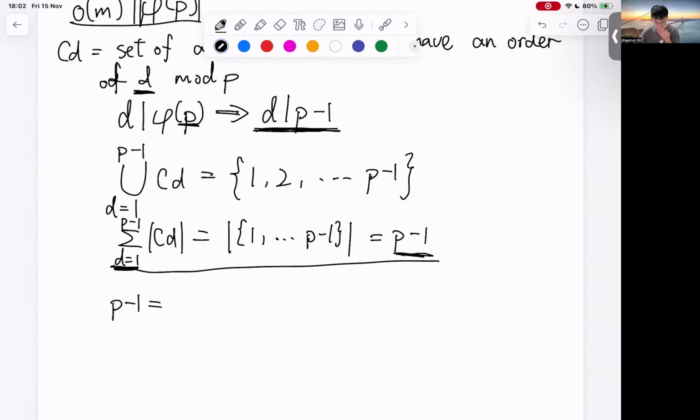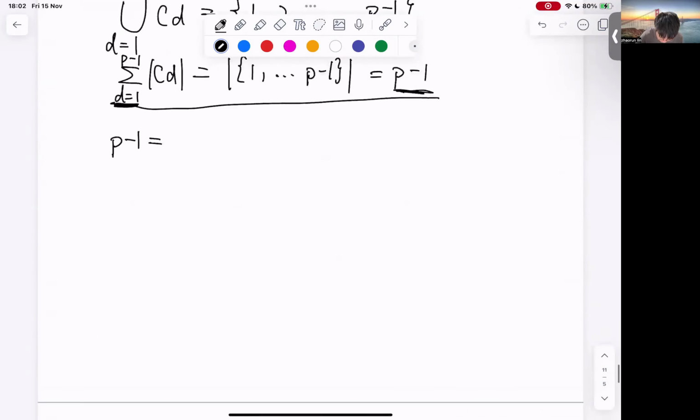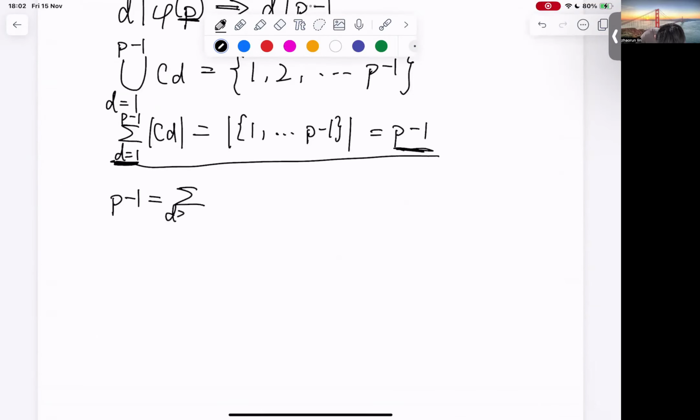We have p minus 1 as n, and we can have this relation, where d divides p minus 1.